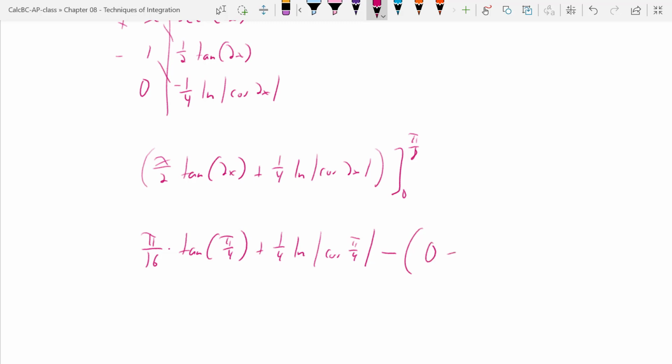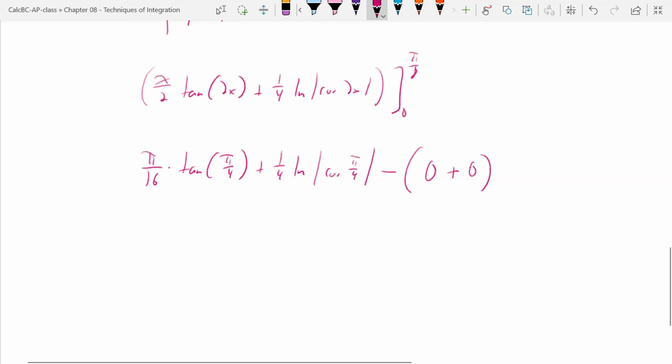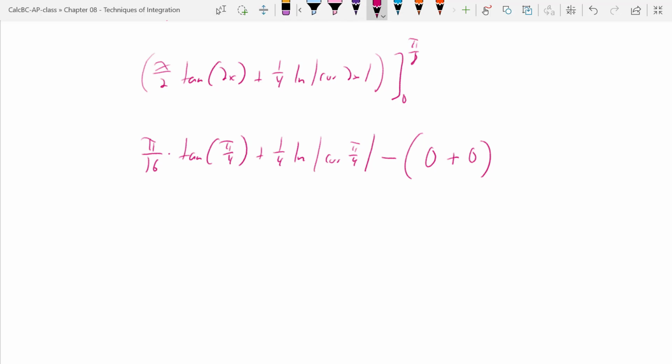And then the cosine of 0 is 1, but the natural log of 1 is 0. So those are out. Tangent of pi over 4 is 1, so I get pi over 16 plus 1/4 natural log of, and the cosine of pi over 4 is 1 over root 2, or root 2 over 2.